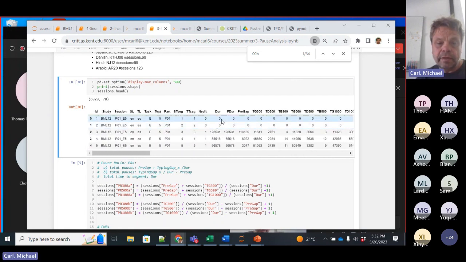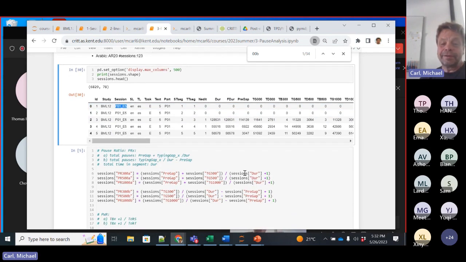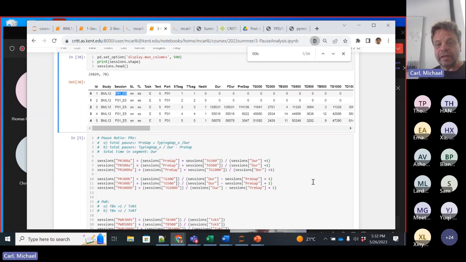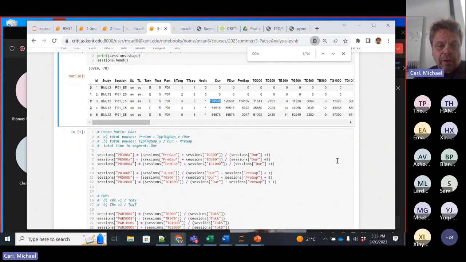Here. This production duration for this particular segment was 0 seconds. In order to allow this operation we cannot divide by 0, so just 1 is added here. But that wouldn't really falsify the data much, because usually these durations are quite long, and if we add 1 or not, it doesn't change much.